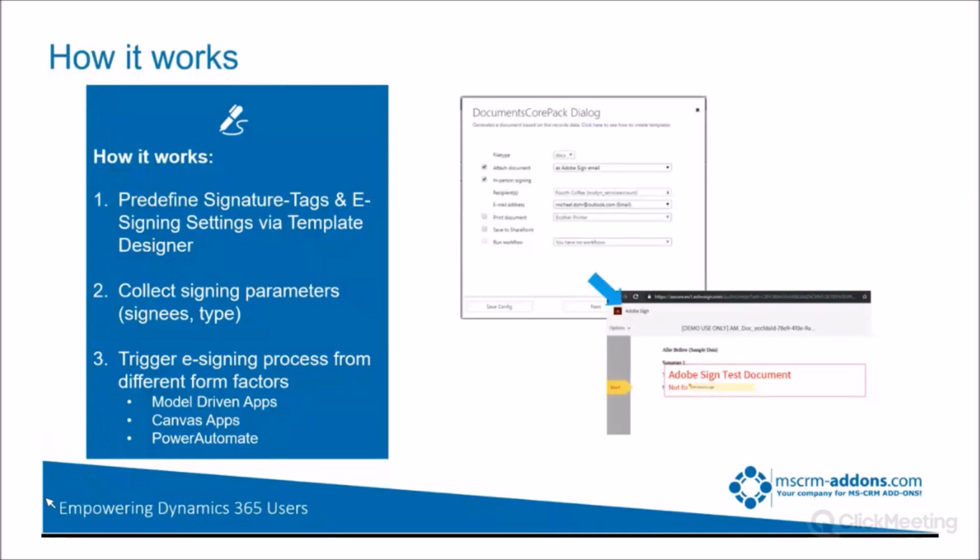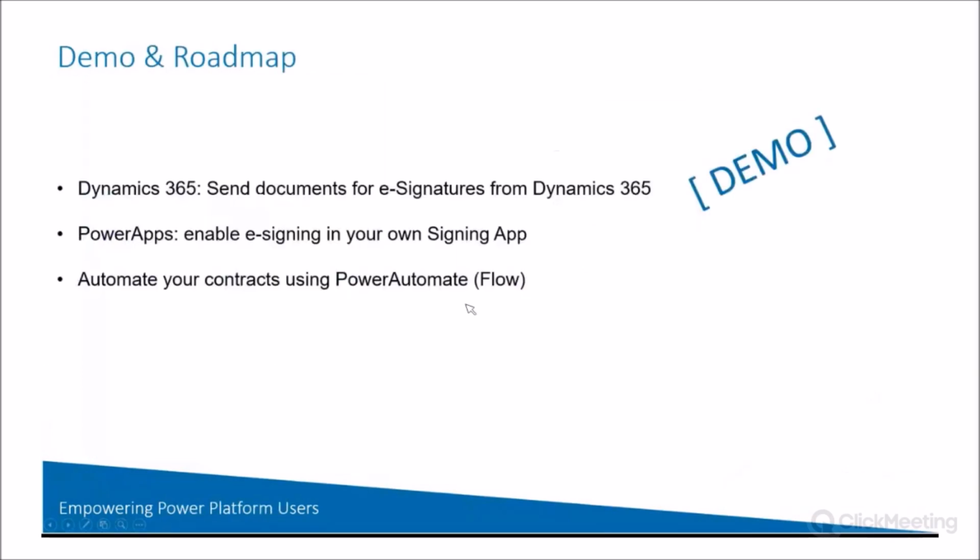And then you trigger the e-signing process from your different form factors, which would be your model-driven apps, Canvas apps, PowerAutomate, your workflow, the DocumentsCorePack dialog, etc. It's real simple to go from A to B instead of having to click through a whole bunch of things. So let's talk a little bit about the demo, what we're going to do today.